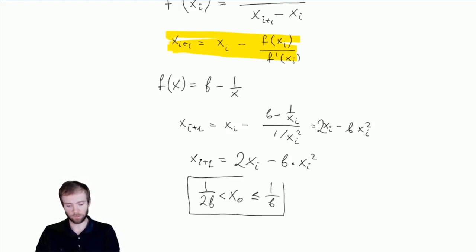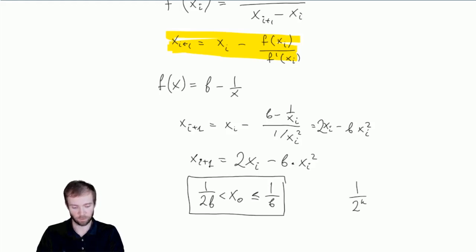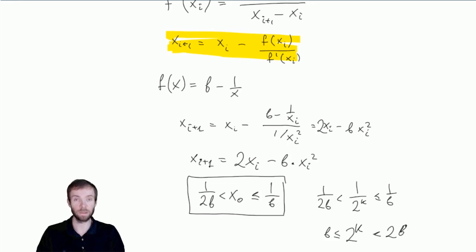Well, actually, it's relatively easy to find such x0 without using any division, because if we need an x0 like this, we can just take a power of 2. So let's try to find x0 as 1 over some positive power of 2. 1 over 2 to the power of k is less than or equal to 1 over b and greater than 1 over 2b. Out of this, we can find that k is such that 2 to the power of k is less than 2b and greater than or equal to b.